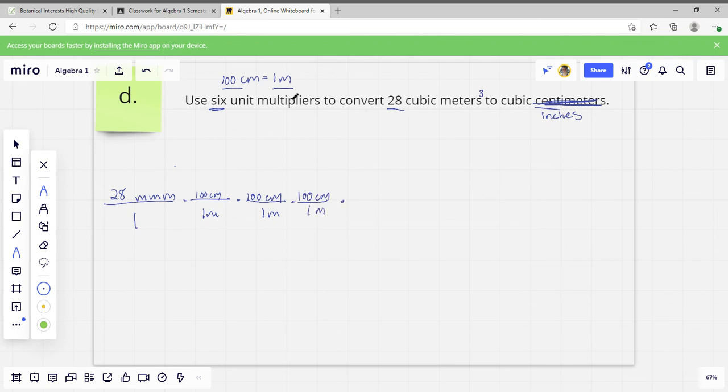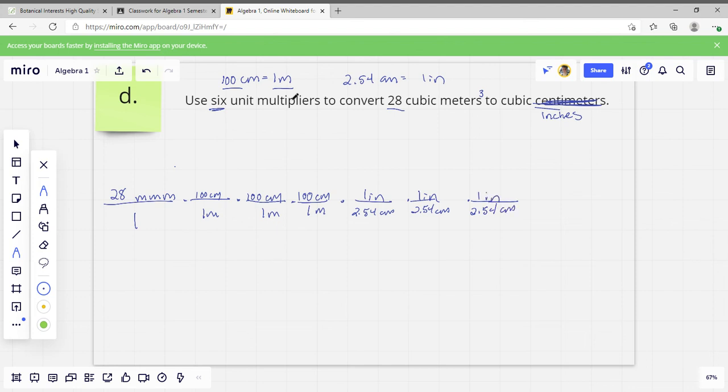Okay, now we got to go from centimeters to inches. So let's see. 2.54 centimeters equals 1 inch. All right, so our centimeters is going to have to go on the bottom. 2.54 centimeters in 1 inch, and again, and one more time, 2.54 centimeters in 1 inch.